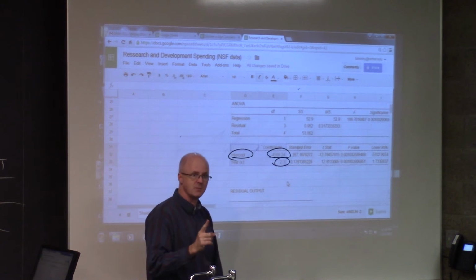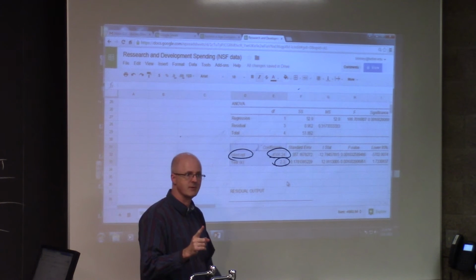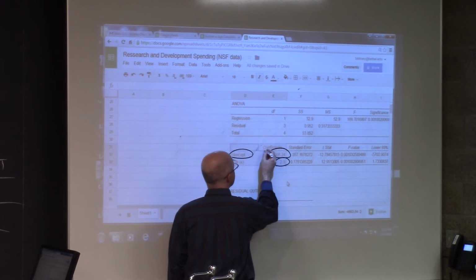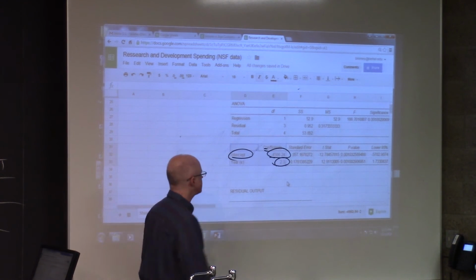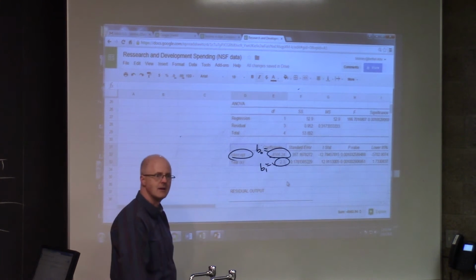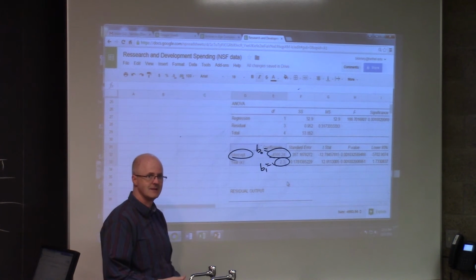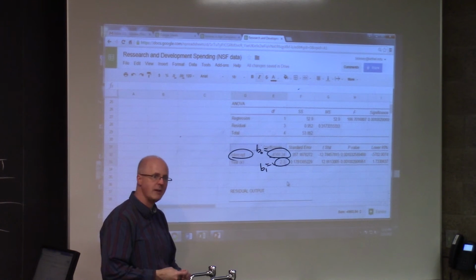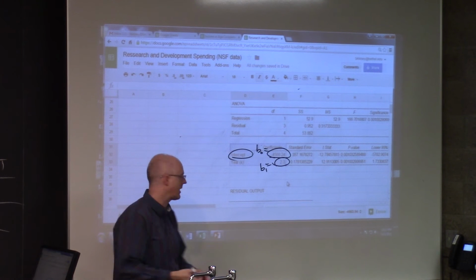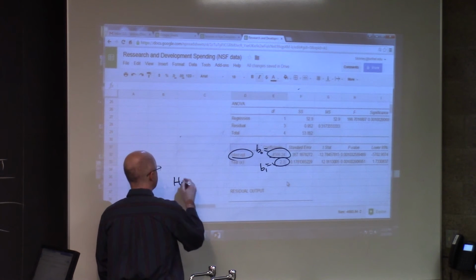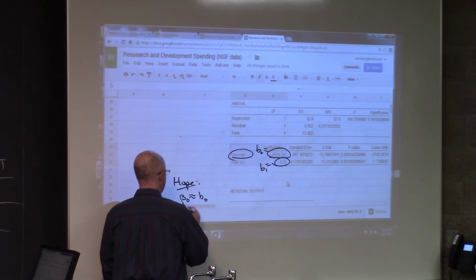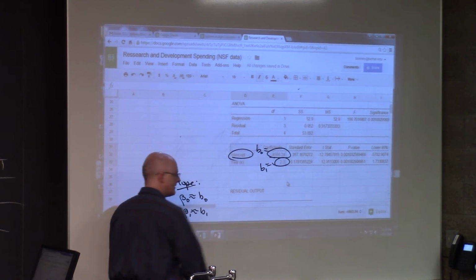These are sample slopes, if we are thinking of this as a sample from a population, which again, we're not really, but pretend. This is not a beta 0 and a beta 1, it's a B0 and a B1. Sample statistics, not population parameters. But the idea is they're used to estimate population parameters. You hope that beta 0 is approximately B0 and beta 1 is approximately B1.